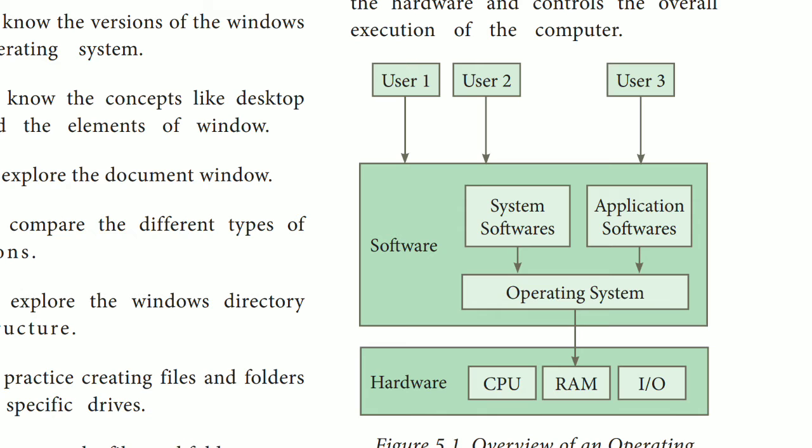Even some of the system software uses the operating system to get connected to the hardware. For example, driver software: when you install a new operating system on your computer, you will be asked to install the audio driver or the Bluetooth interface driver to work properly with the appropriate hardware. These drivers come under system software, and even this kind of system software interacts with the operating system to get connected with the particular hardware.